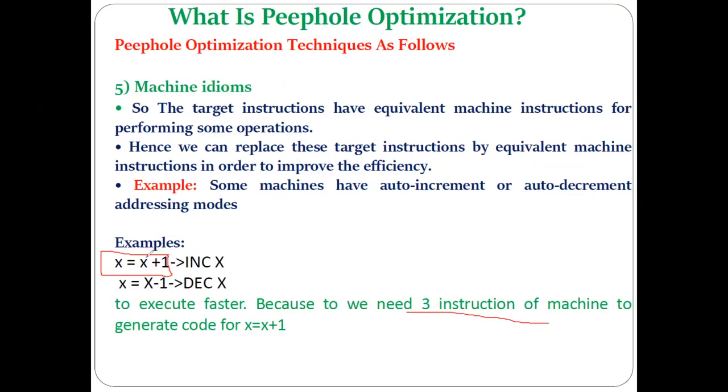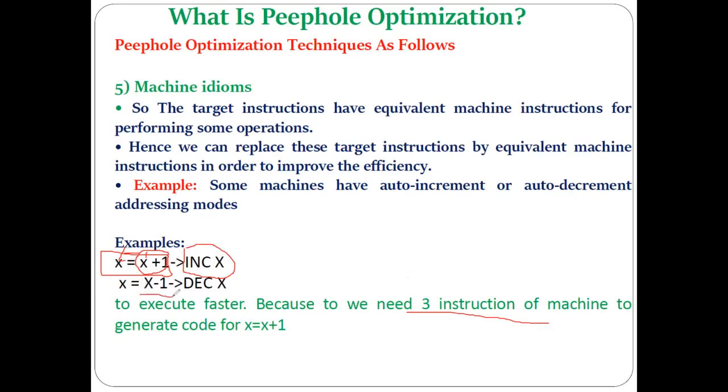One instruction is required to load this x into the register. Second, we need an instruction to add the content of the register and this one. Then the third instruction is required to assign this result to x again. Understood? So three instructions are required for this. Instead of this, we can write only one instruction, like INC X.